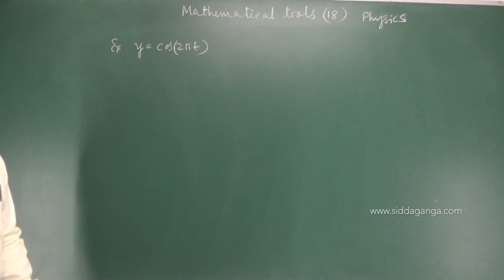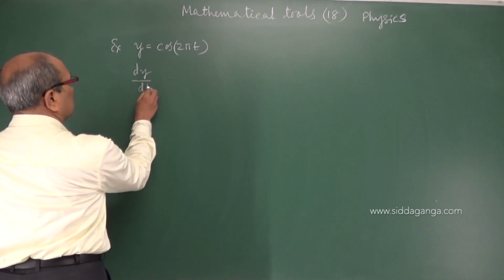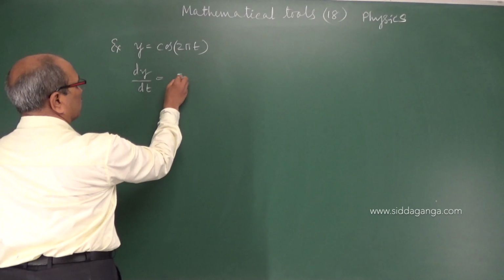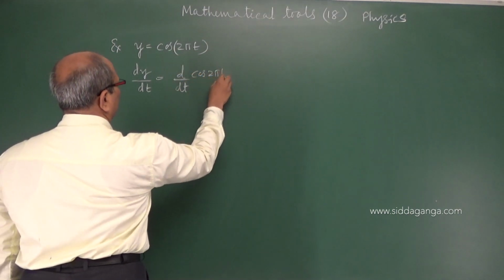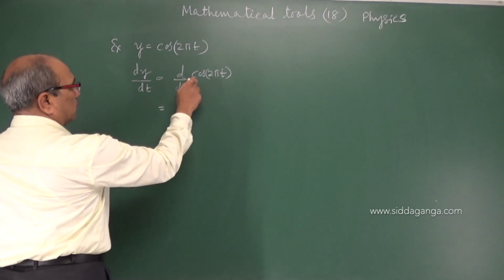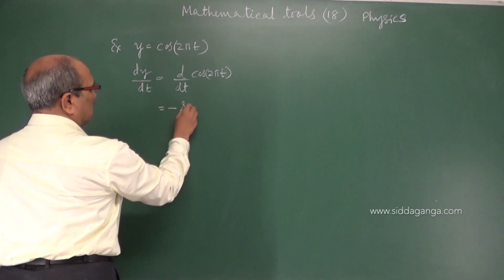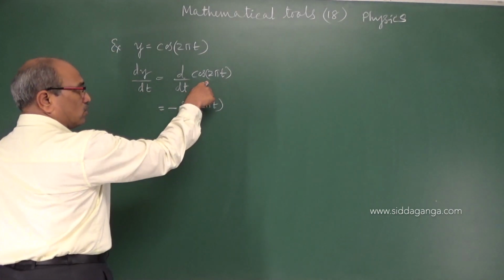Cos 2 pi t. Then dy by dt, d by dt of cos 2 pi t. For cos 2 pi t, minus sin 2 pi t is the operation rule.